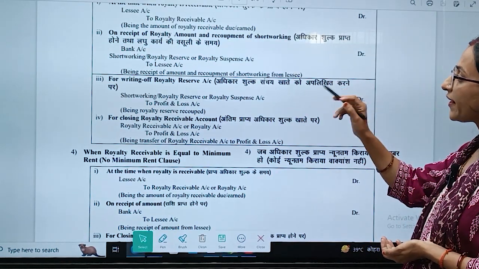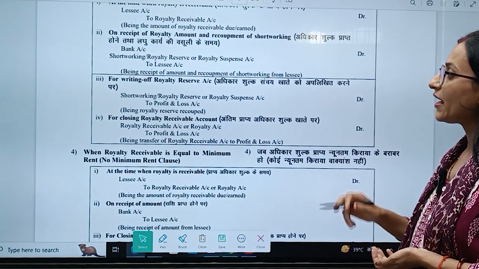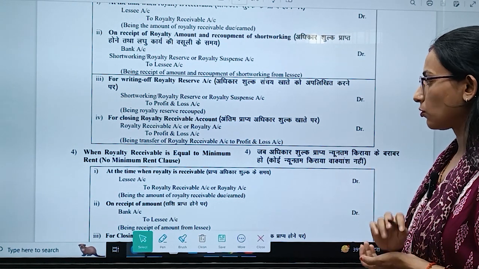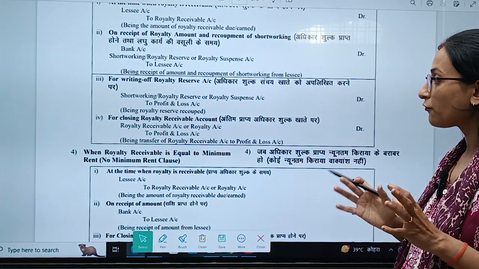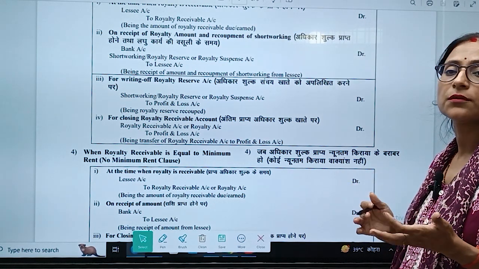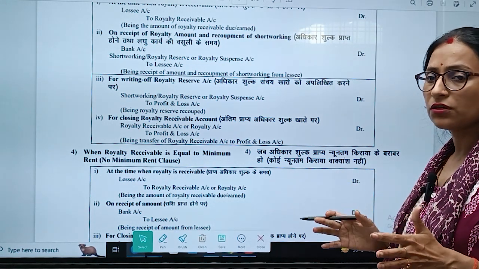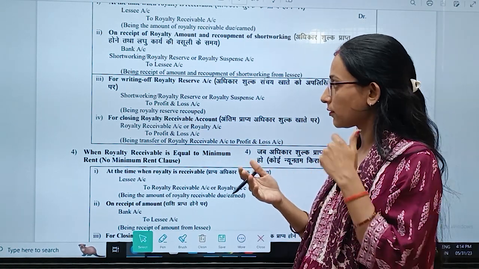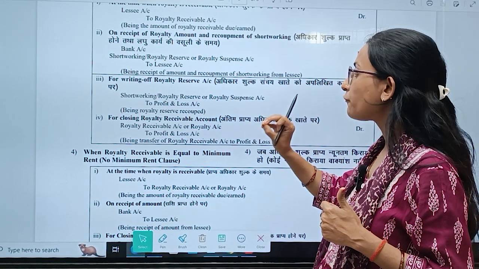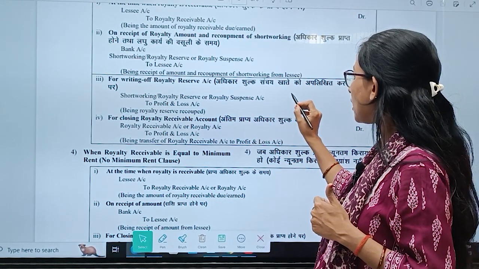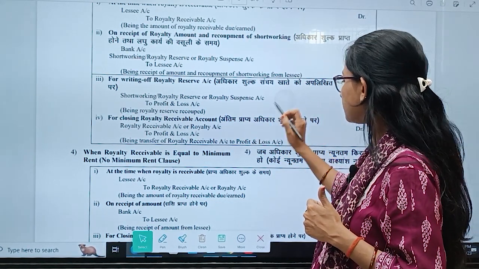After this, we will write off that royalty reserve account as well as the royalty receivable amount. Whenever there is an income or expense at the end of the year, we will transfer it to the P&L account. This is a normal rule which we follow in our accounting. So here there is an excess of 2,000 rupees in our royalty reserve account.